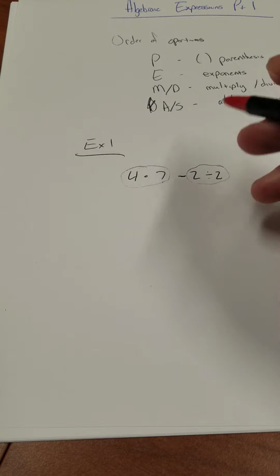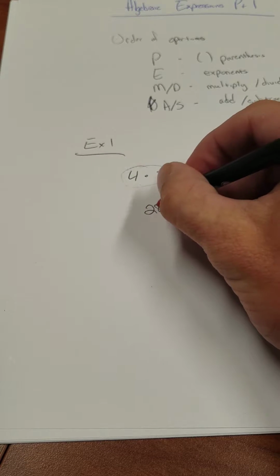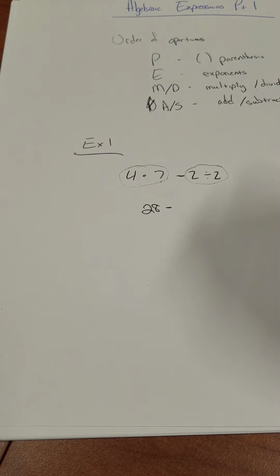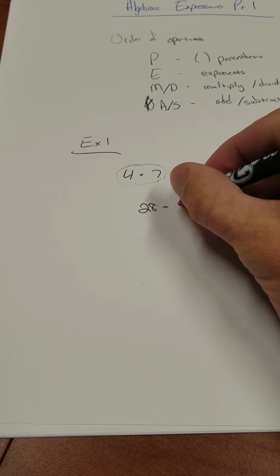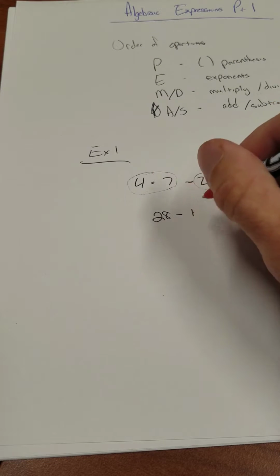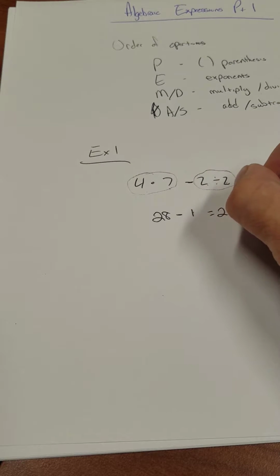I have a multiplication problem here and a division problem here. So 4 times 7 is 28. Leave the minus sign. 2 divided by 2 is 1. 28 minus 1 is 27.